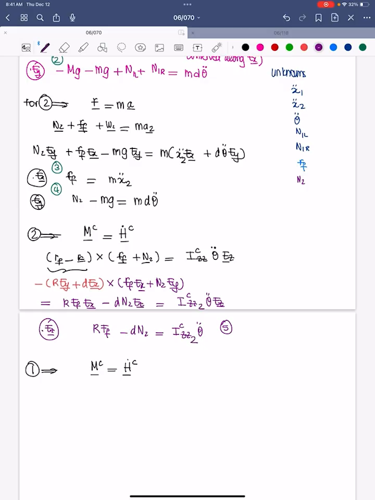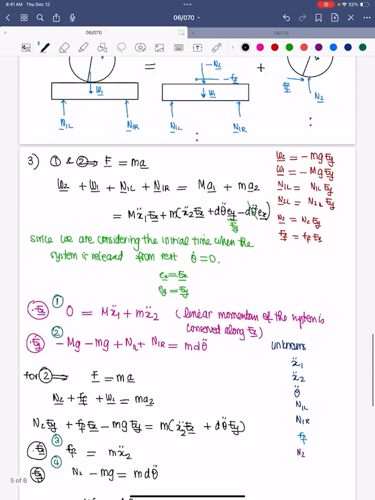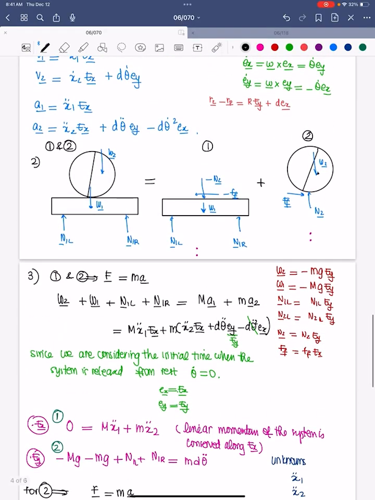MC is equal to H dot C for the cart. And remember that we're doing this initially. So initially, the normal force N2 is aligned with the center of mass of the cart, so it has no moment about it. The friction force will have a moment.